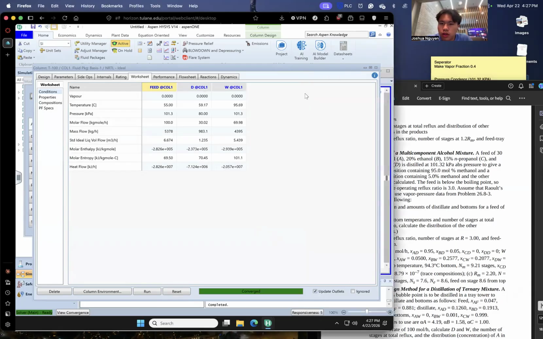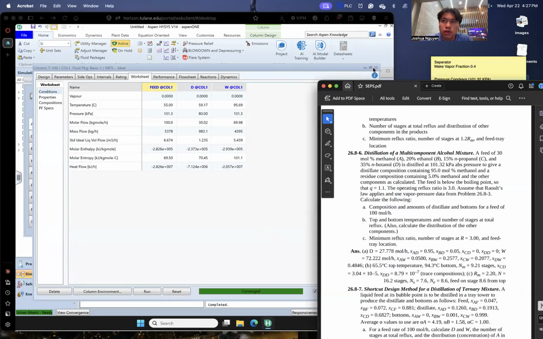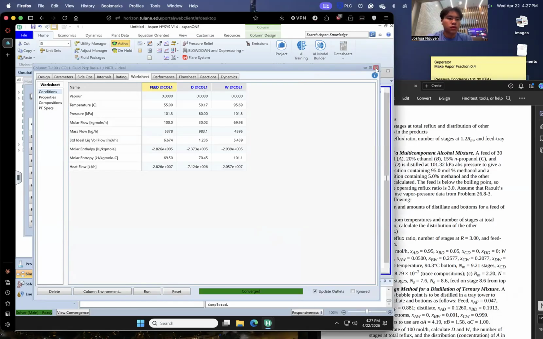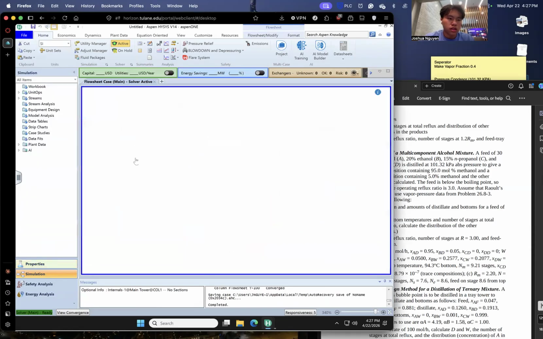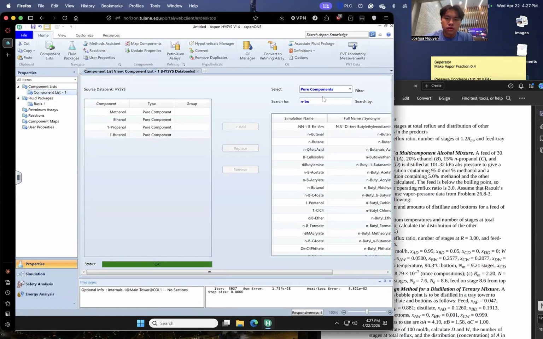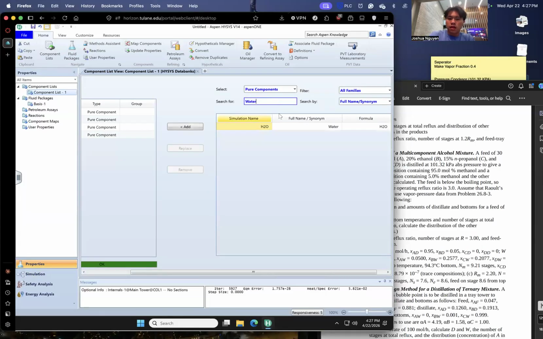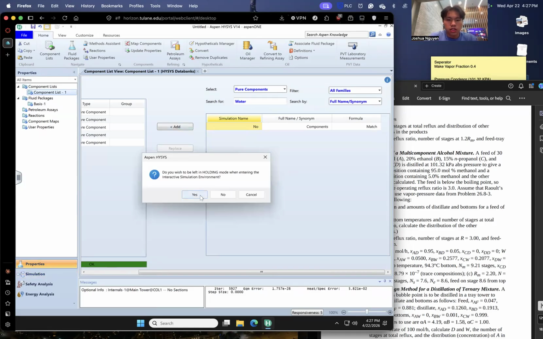And I think all I need to do left actually is just add the water if you wanted to do that. So let's just go back to the properties real quick. Go back to the simulation.